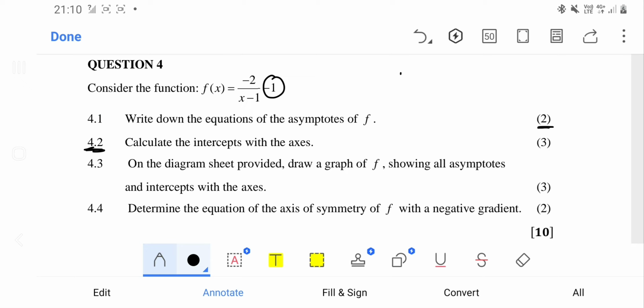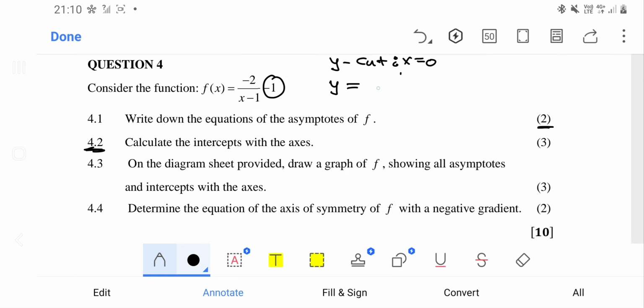4.2, calculate the intercepts with the axis, right? So we are going to calculate the y-intercept and the x-intercept. Now let's start with the y-intercept. We know that x is equal to 0. At that point, x is equal to 0.